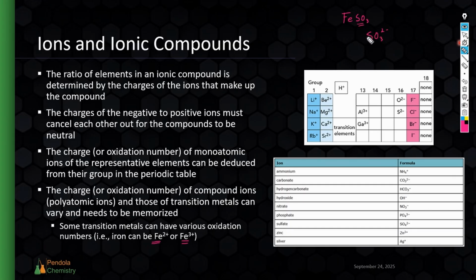So as long as you know that, you can use the logic to figure out the charge of the iron, because if iron here is a 1-to-1 ratio with the sulfite, if the sulfite is 2 minus, then the iron, to cancel it out, has to be 2 plus. Because again, the overall positive charge, plus 2 here, needs to match the overall negative, which is minus 2.